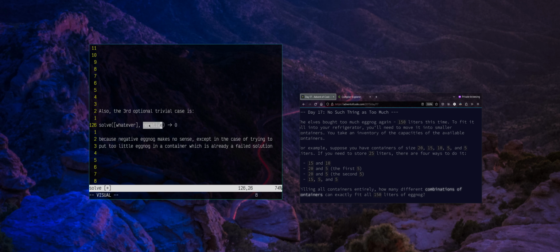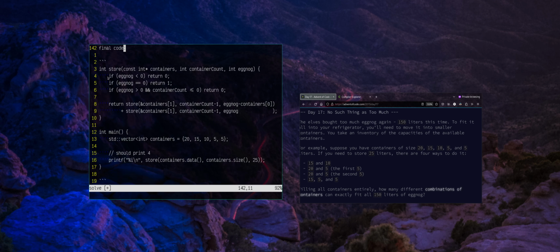So when we go into the negatives for the amount of eggnog, then we can just go, well, we're not going to get a solution out of this, so that becomes 0, right? There are no ways to distribute negative eggnog among however many containers. So you can skip that.